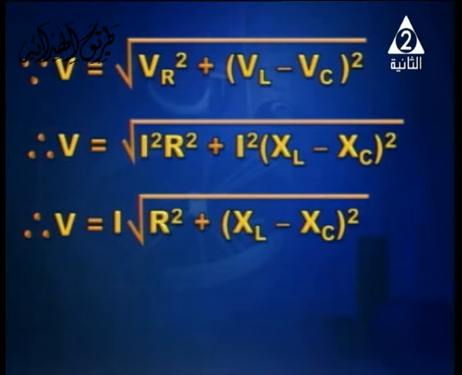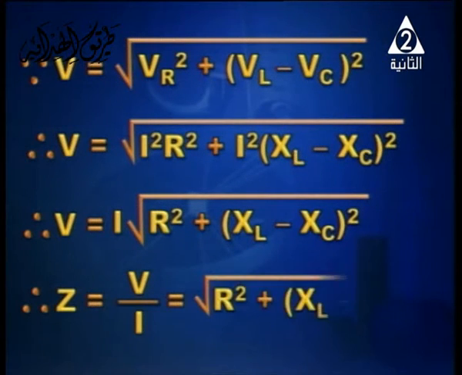So V equals I times the square root of R squared plus, between two brackets, XL minus XC all squared. In this way, we'll be able to obtain the impedance denoted by Z. So Z is equal to V over I, which is equal to the square root of R squared plus, between two brackets, XL minus XC all squared.